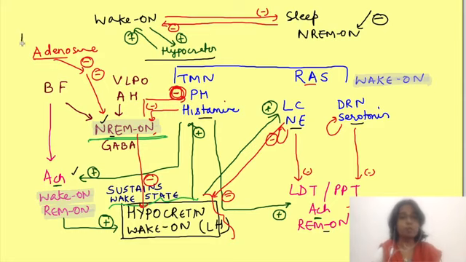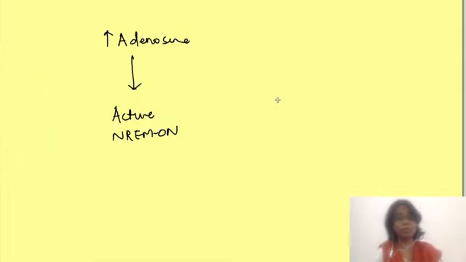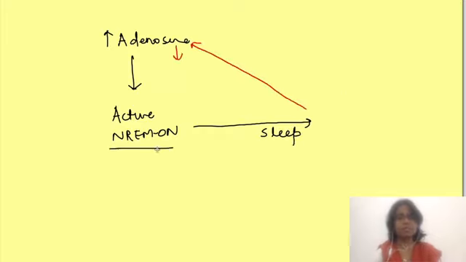So this effect of adenosine on induction of sleep is known as the metabolite theory of sleep. So when adenosine is more, there is induction of sleep, and as sleep progresses, this metabolite concentration goes down again. Its effect decreases and NREM neurons again become inactive. Do you know why having a strong cup of coffee keeps us awake?